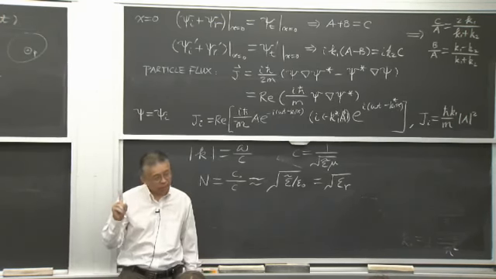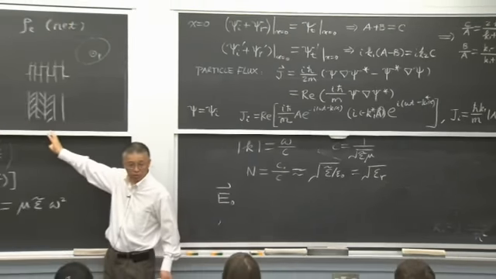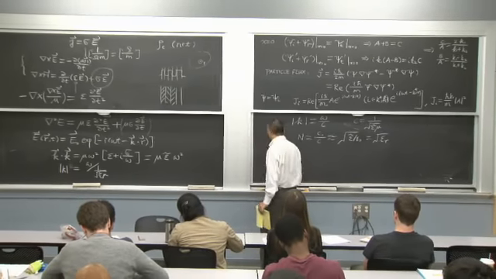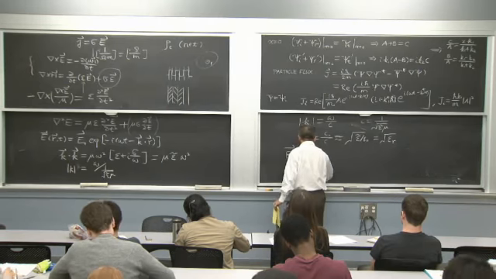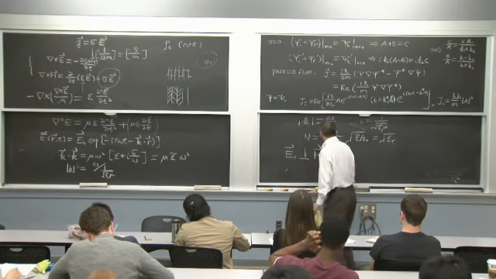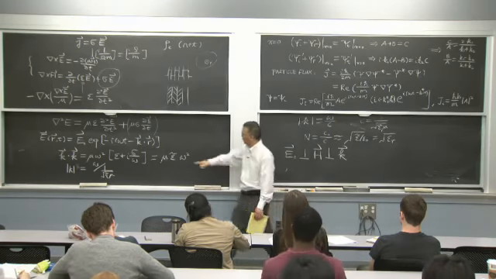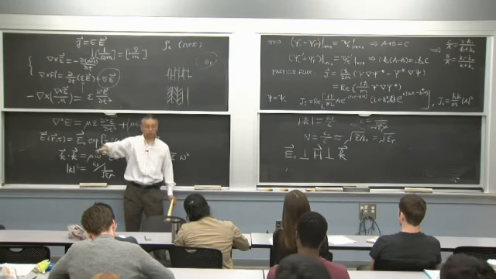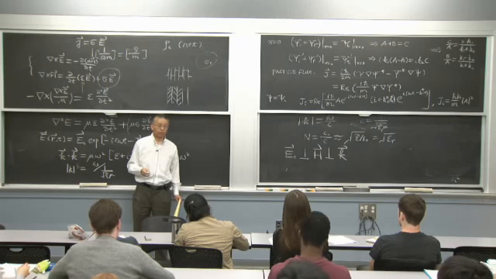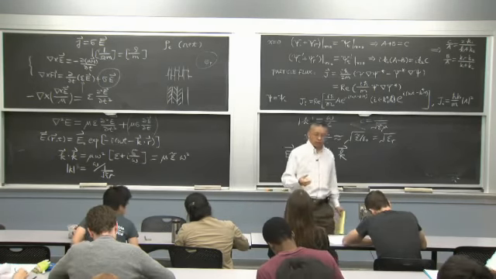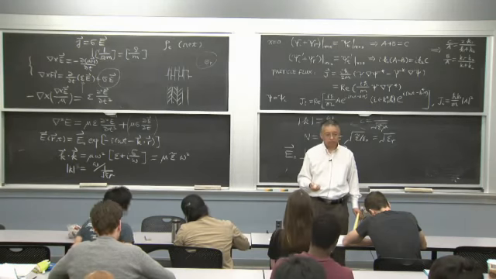It's a transverse wave. This is what the equation tells you. You check. It's a transverse wave, so the electric field will be perpendicular to the magnetic field, which will be perpendicular to k, the wave vector direction, the wave propagation direction. That's why it's a transverse wave, right?